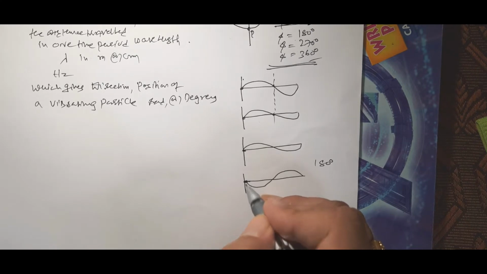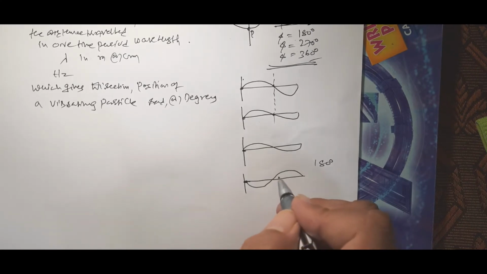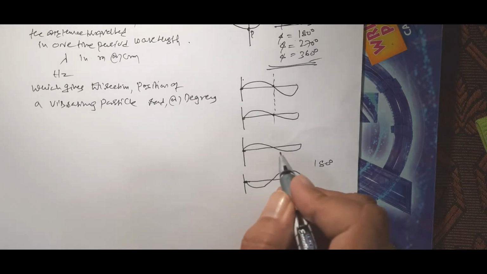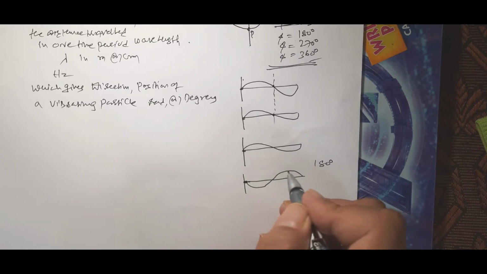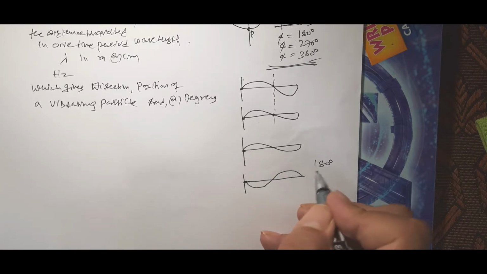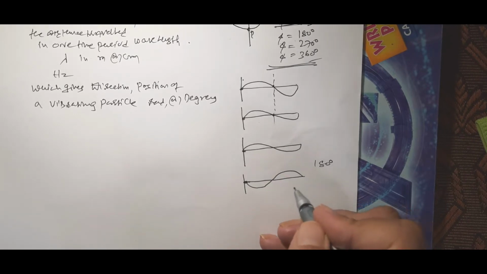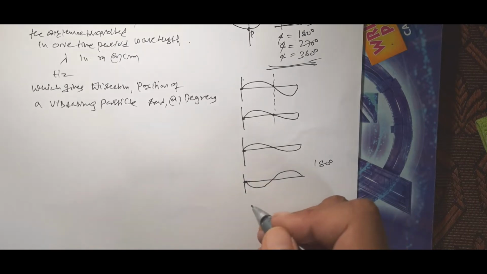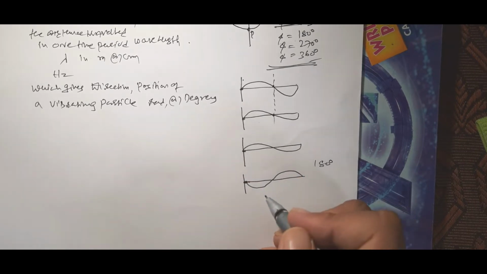See this second wave, which starts at the origin but moves in the opposite direction. So the phase difference between these two waves is 180 degrees. These are called the parameters of the waves.